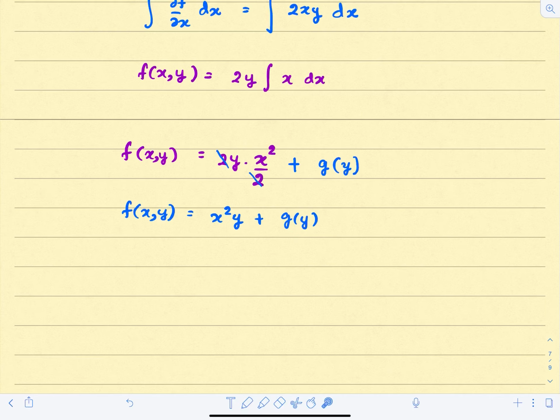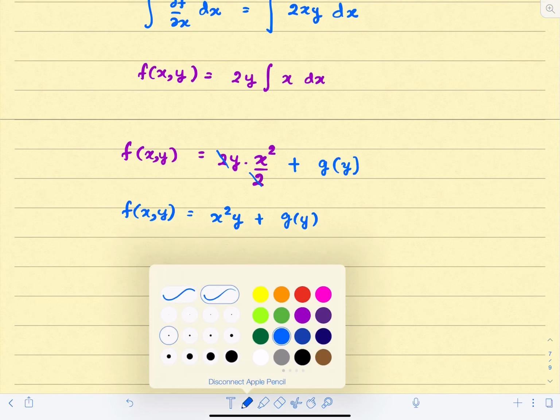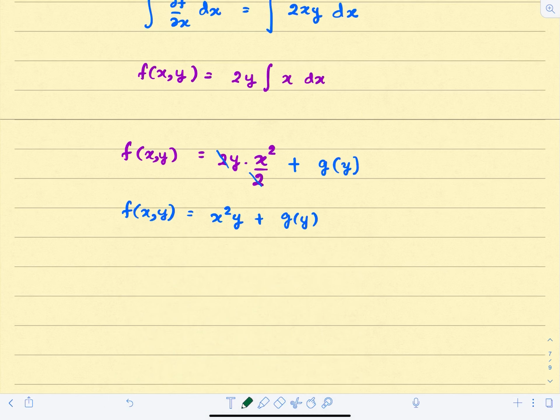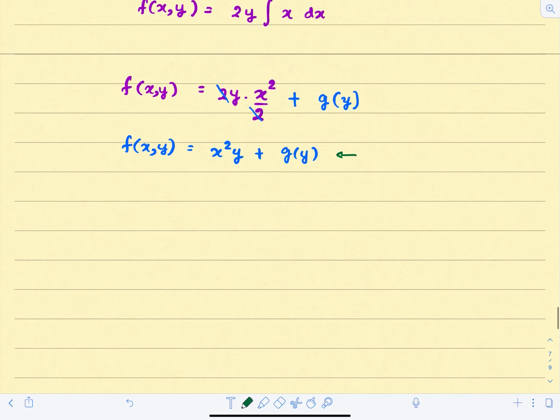To do that, we take the derivative of this equation with respect to the y variable, and you will see why.